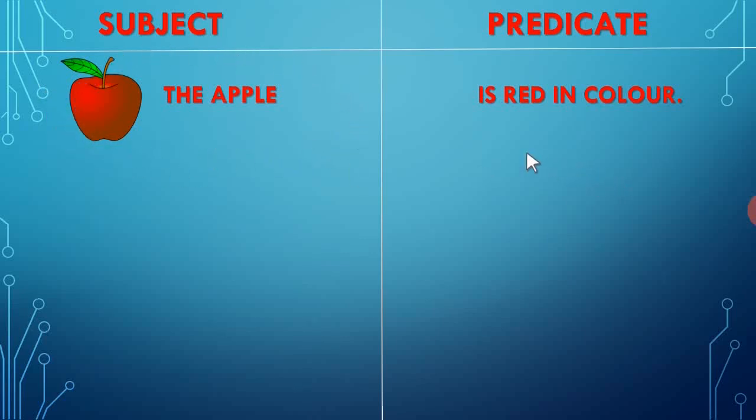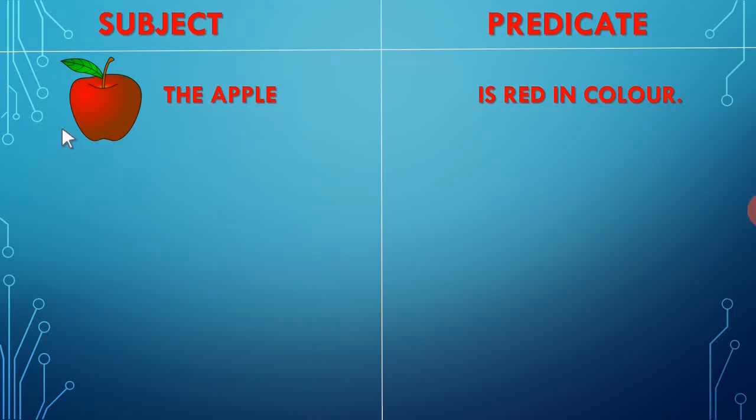And what are we talking about this apple? We are talking that the apple is red in color. So, we are talking about the apple. It tells us who or what the sentence is about. It is the doer of the action, meaning it is telling us that the apple is red in color.